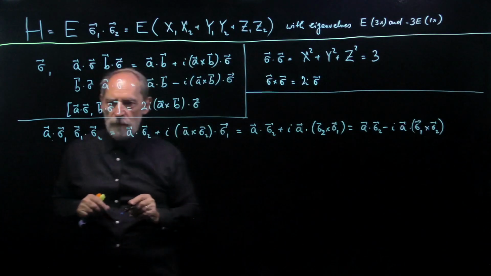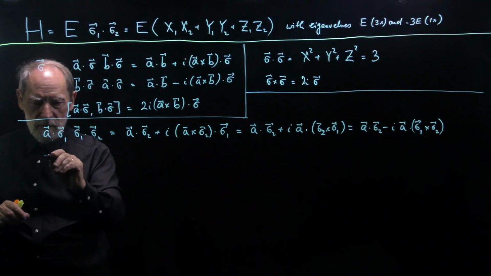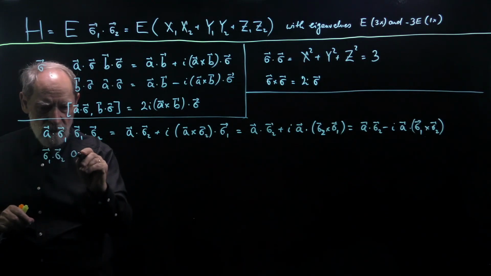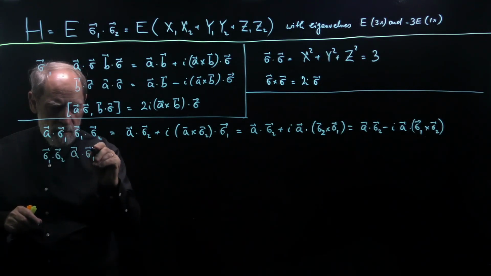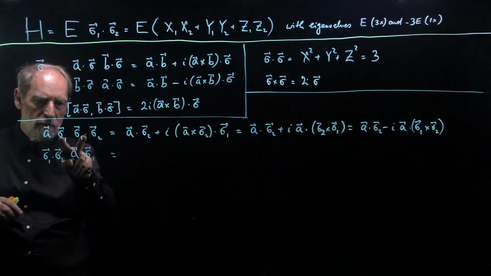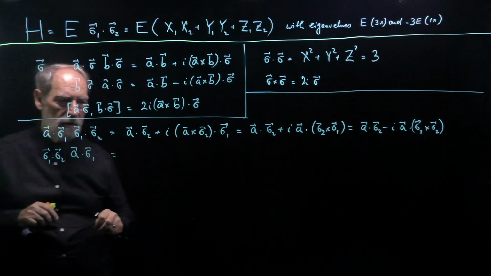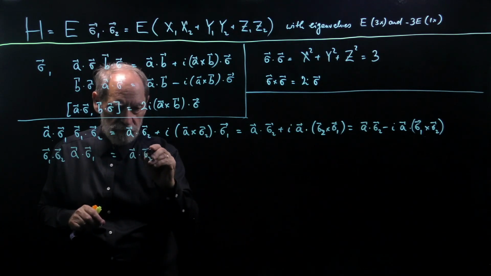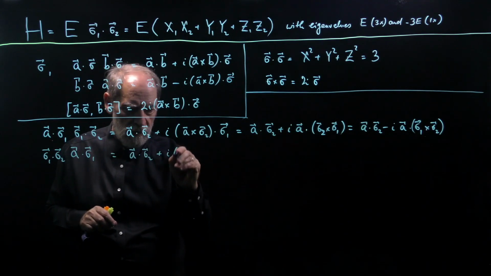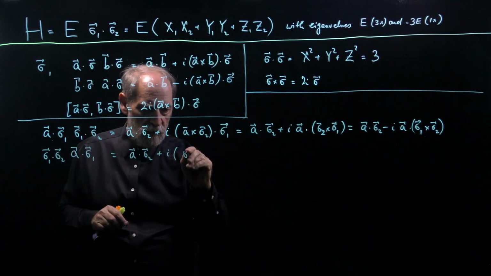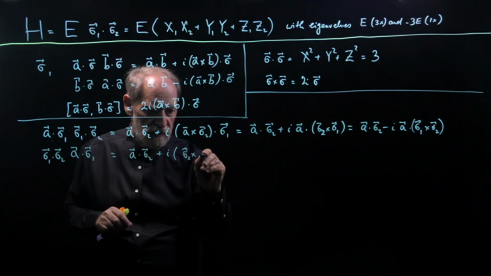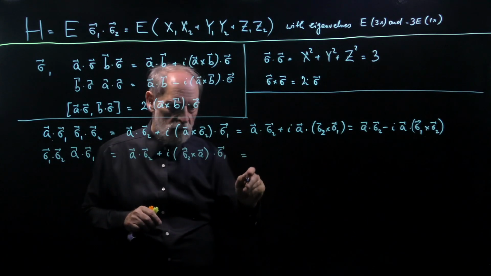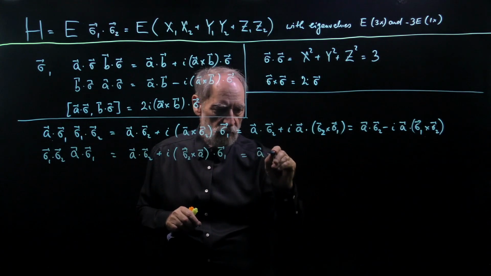Right. And now what about the other order? What if I have sigma 1 dot sigma 2 and then a dot sigma 1? So it's the same operators but in the reverse order. Well, here we just get a dot sigma 2, but then we have I, and now we get sigma 2 cross a dot sigma 1, and so this is a dot sigma 2.